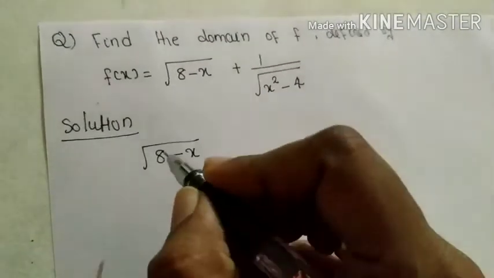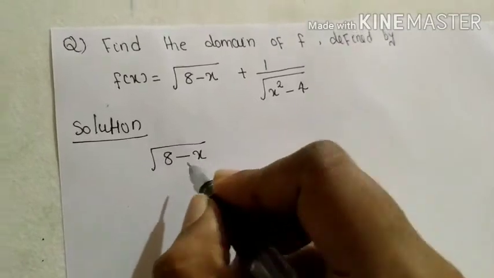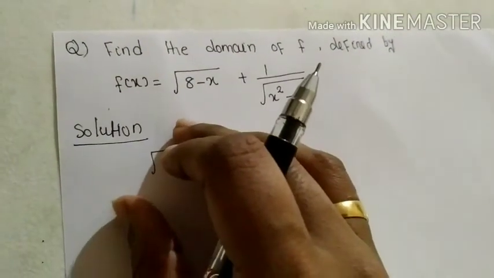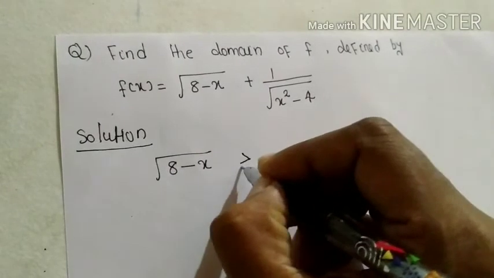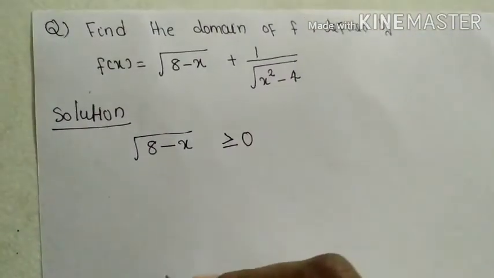So for root of (8 minus x), we know that the value is always greater than or equal to 0, right?